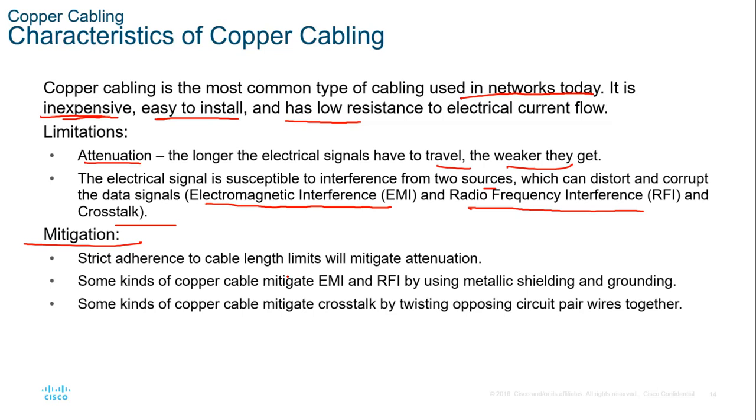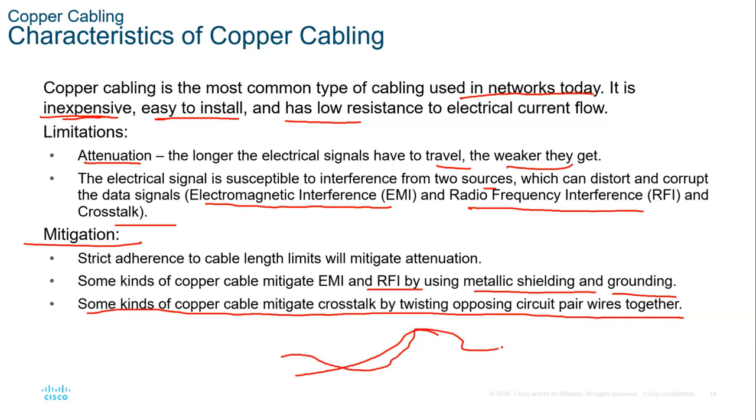Some kinds of copper cable mitigate electromagnetic and radio frequency interference by using metallic shielding and grounding. Some kinds of copper cable mitigate crosstalk by twisting opposite circuit pair wires. The twisting mitigates the crosstalk.